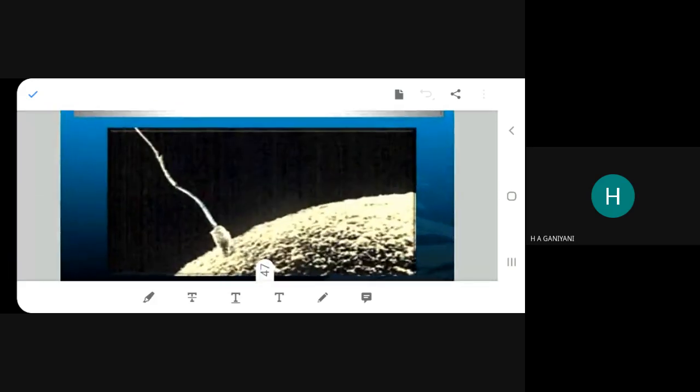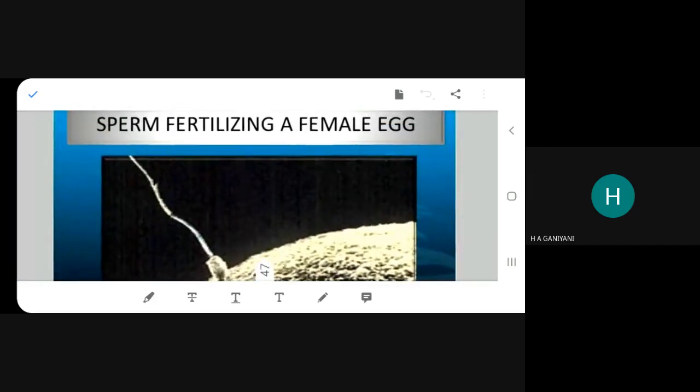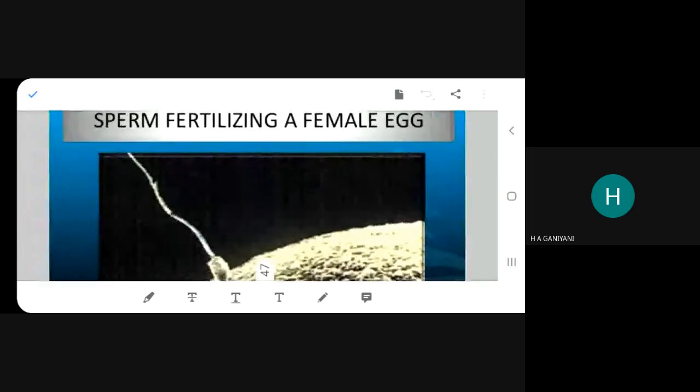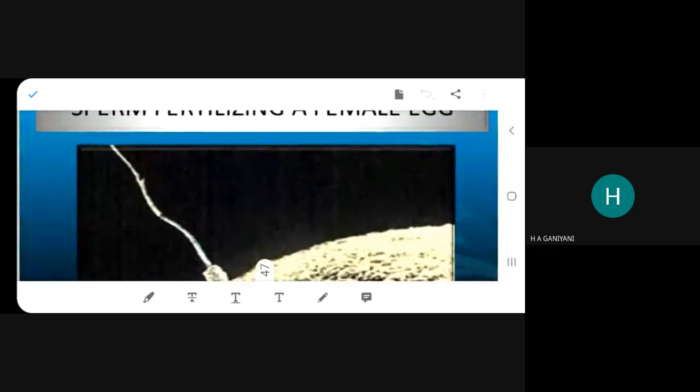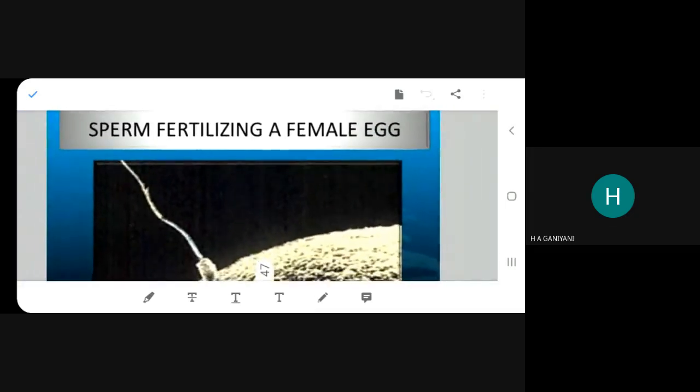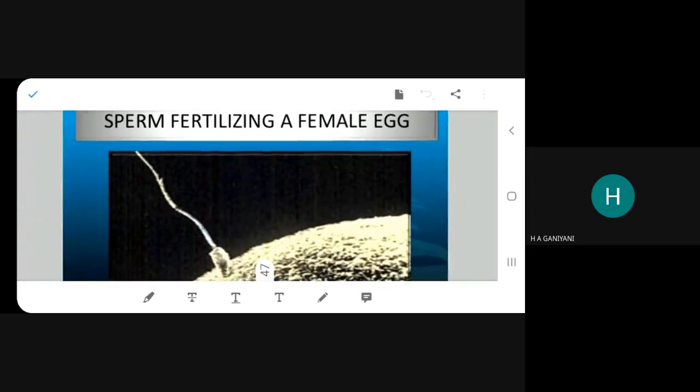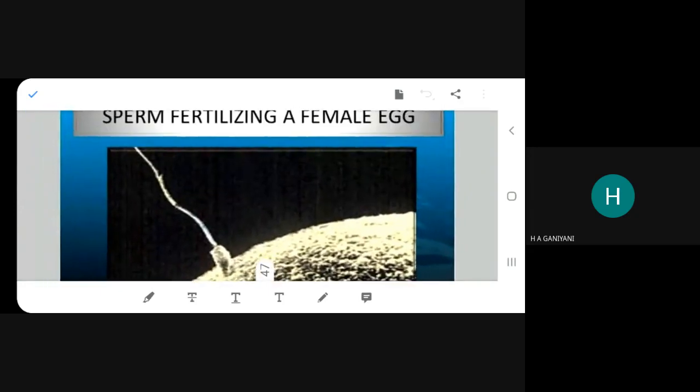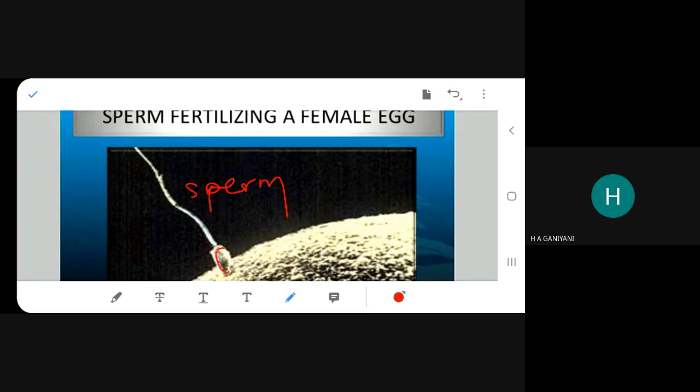You can see over here, this is the sperm. It has a head and this is the tail, right?